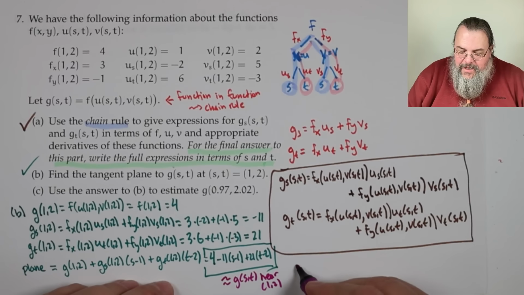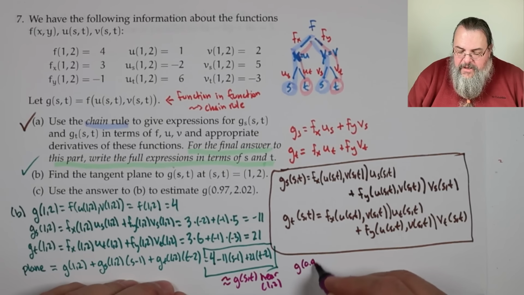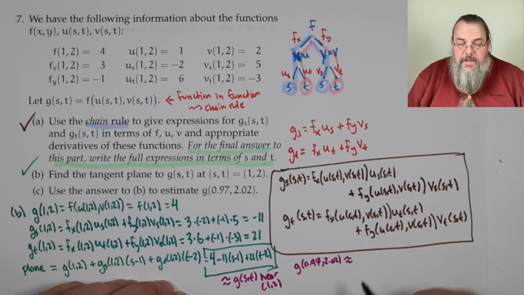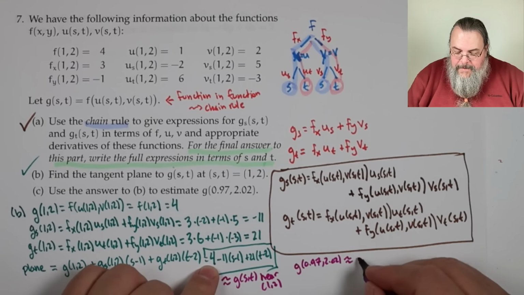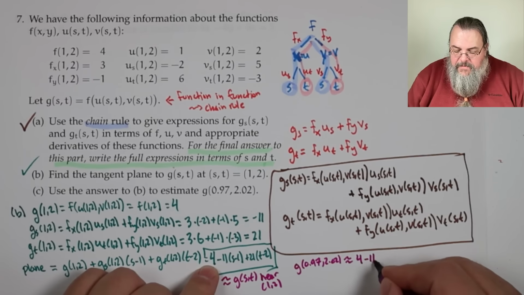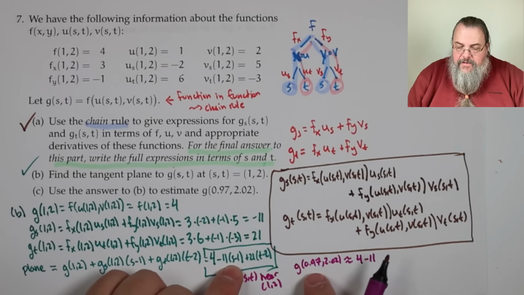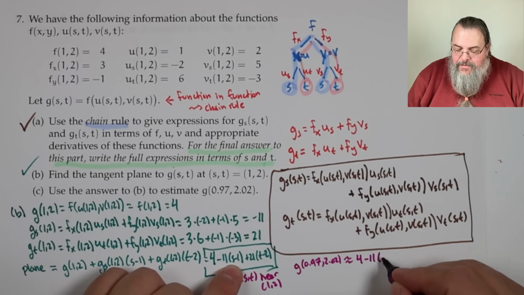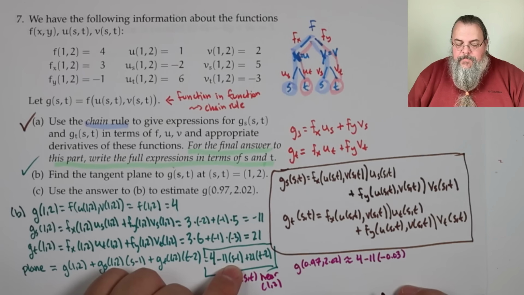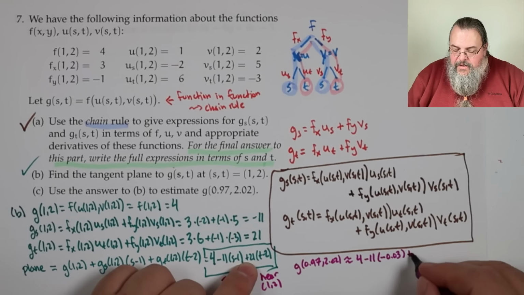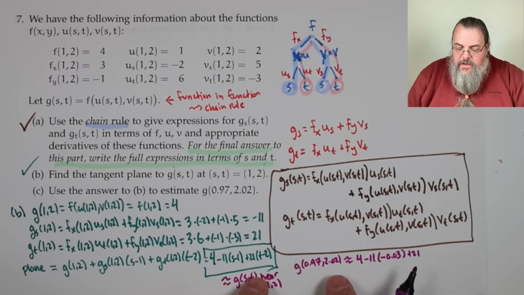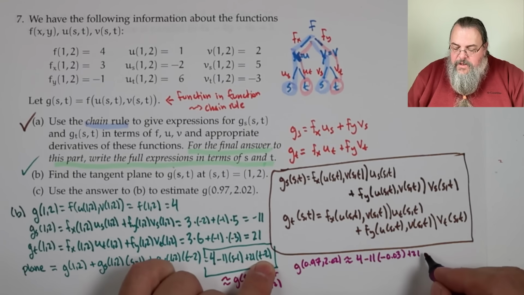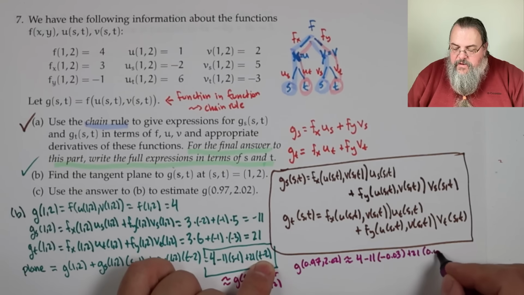So we say, g of 0.97, 2.02 is approximately 4 minus 11 times 0.97 minus 1, which is minus 0.03, plus 21 times 2.02 minus 2. Well, that's going to be 0.02.